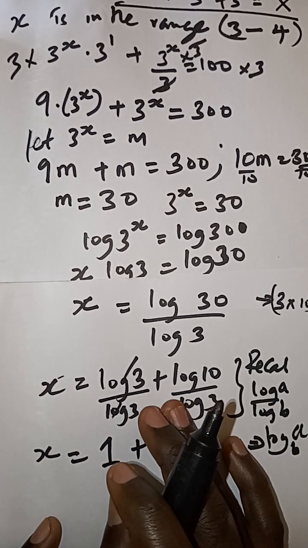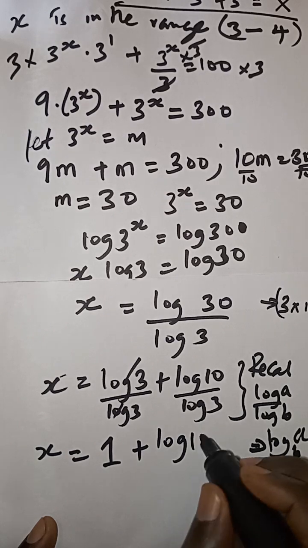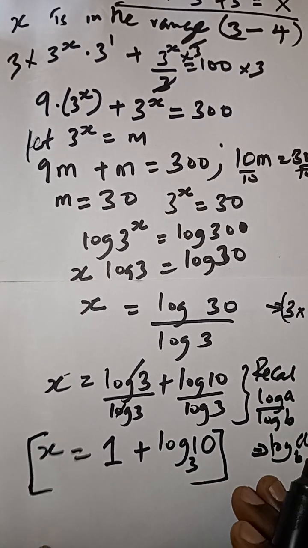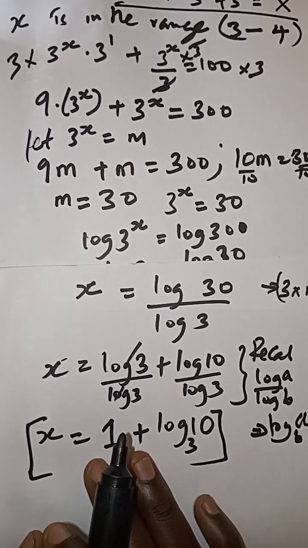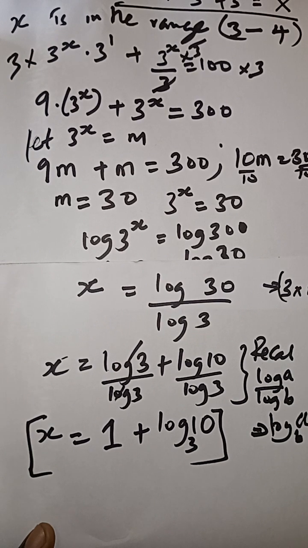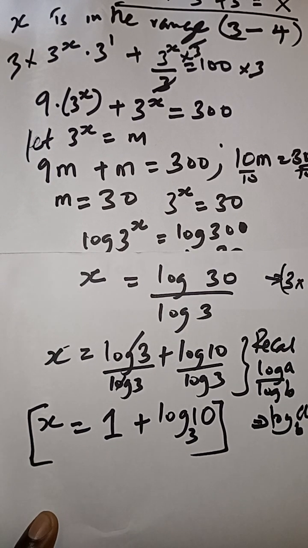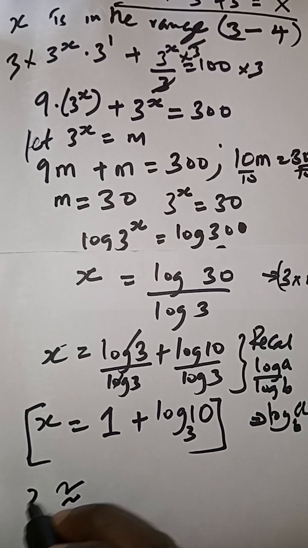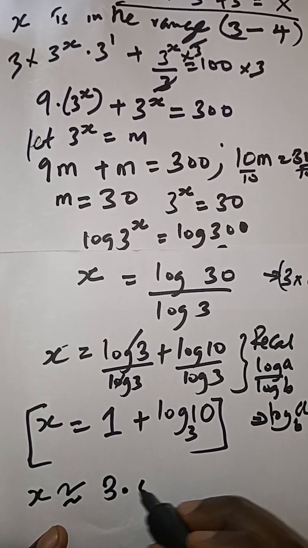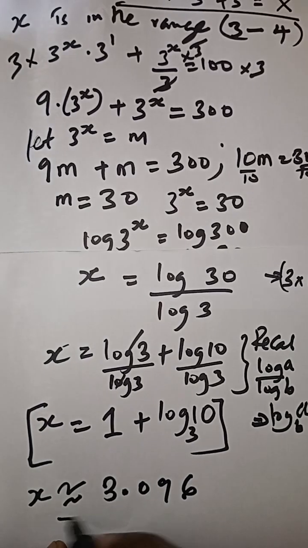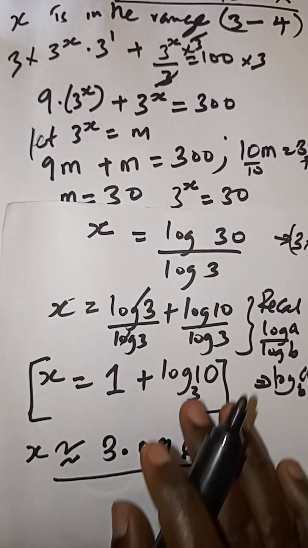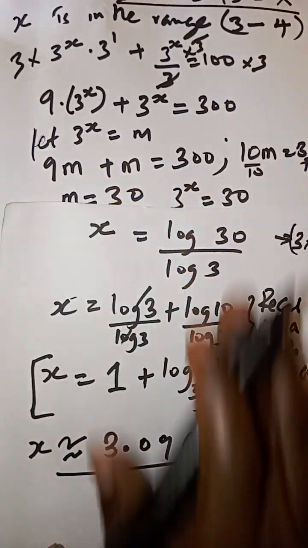So applying that, I'm going to have log 10 to the base 3 as the final answer for x, which was required. And computing this in your scientific calculator, this is approximately equal to 3.096, which is indeed in the range of 3 to 4.